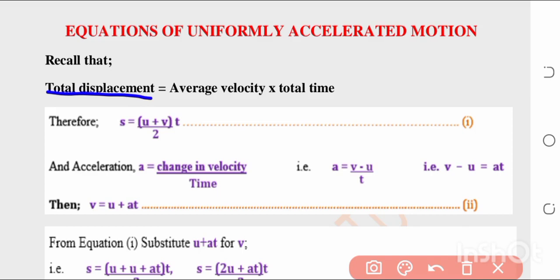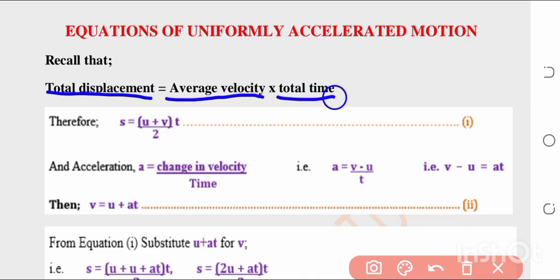So to describe the entire velocity of the journey, we use average velocity, which is the sum of initial velocity and final velocity divided by 2. That is what average velocity represents. Okay, and our time is small letter t.